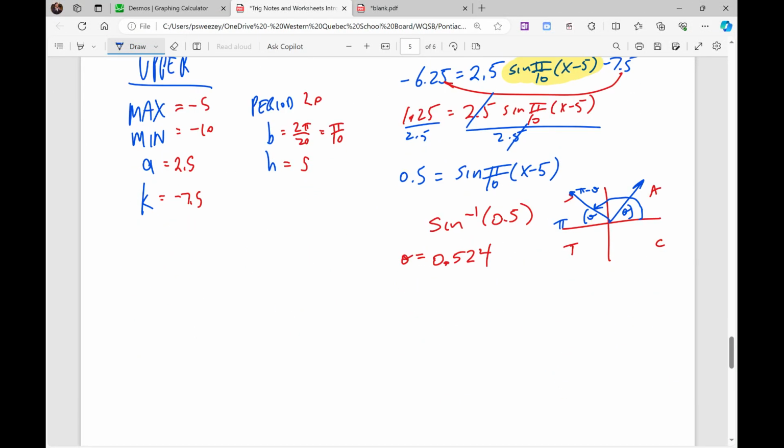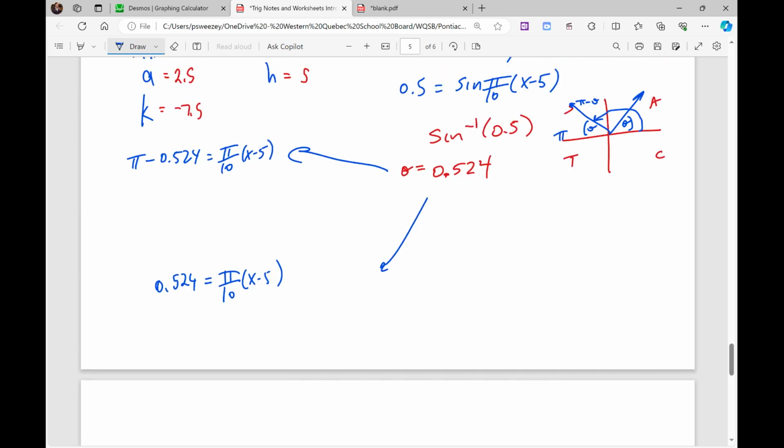So what that means is things are going to split off here. We're going to have pi minus 0.524 is equal to, sine now disappears, pi over 10 times x minus 5. And we're going to have the easier one of just 0.524 is equal to pi over 10 times x minus 5.